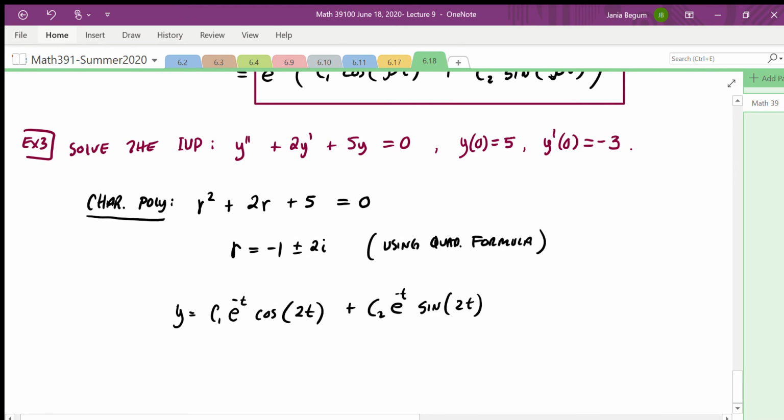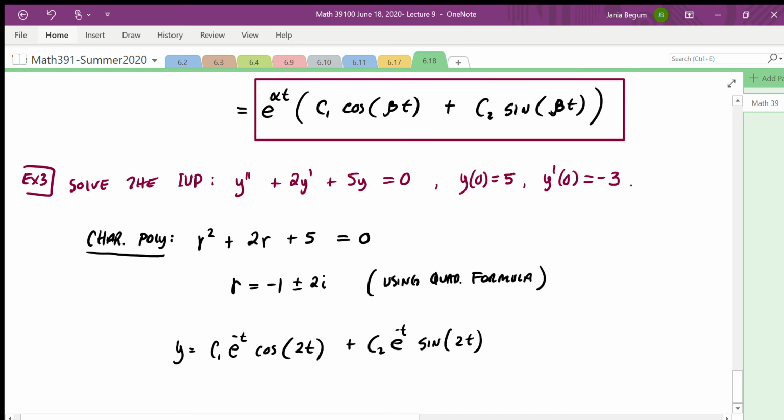So that's the general solution, right? Now we're going to apply our initial conditions to y and its derivative and see if we can find c1 and c2. So let me know up to here if you have any questions.